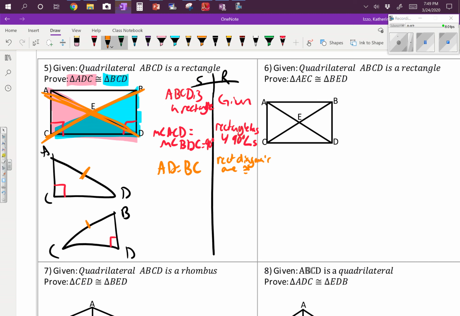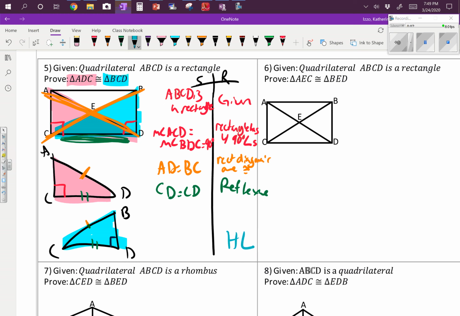And then if we take a look at CD, CD is a very important line. Take a look at where CD falls in the pink triangle and where it falls in the blue triangle. CD is in fact a reflexive side. So we've got CD equals CD, reflexive. In which case you can do HL, because you've got angle side side, which is illegal, but that angle is a nice 90-degree angle, which makes it HL.